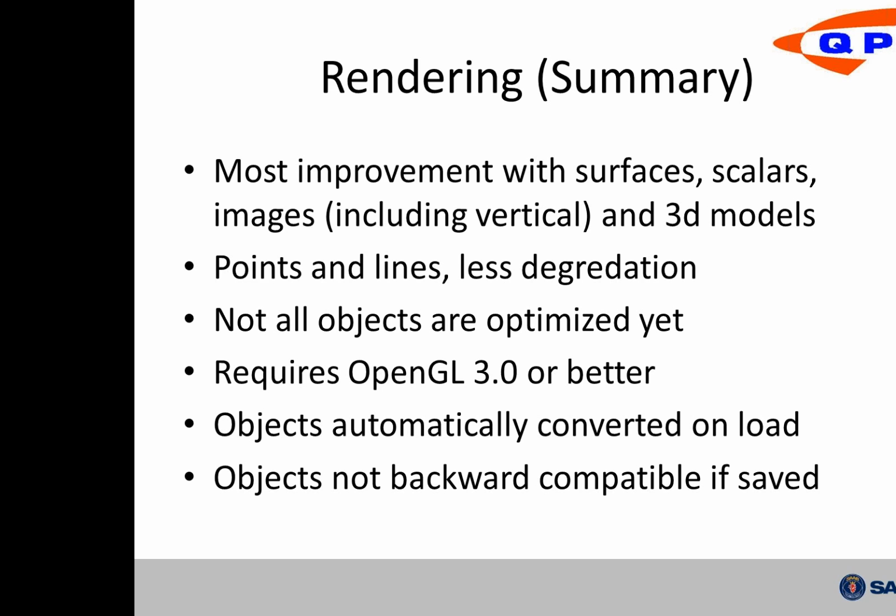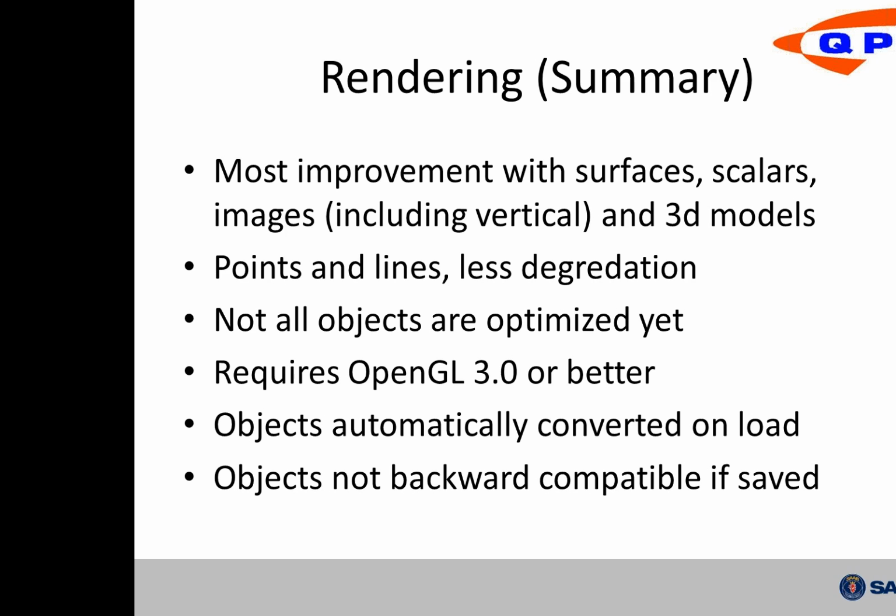And that also includes vertical images that you might be using for sub-bottom or different data types, as well as 3D models. That's where we really changed how we do the rendering and take advantage of the GPUs of the graphics cards. Points and lines, still rendering the same way, but with less degradation from the frame rate optimizations.